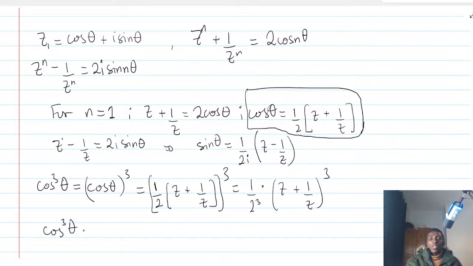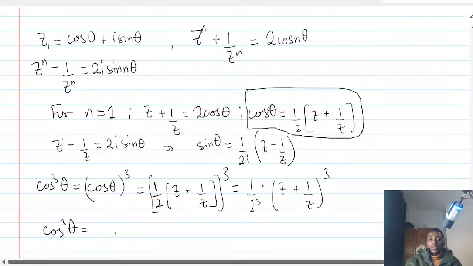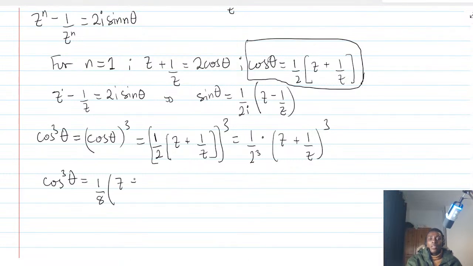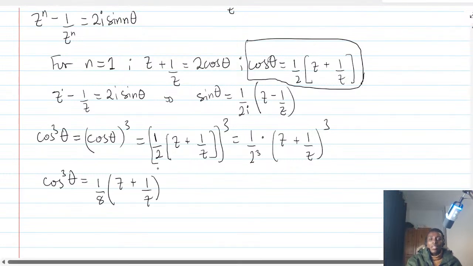So cos cube theta will be 1 over 8 times z plus 1 over z cubed. Alright, so we need to actually expand this.